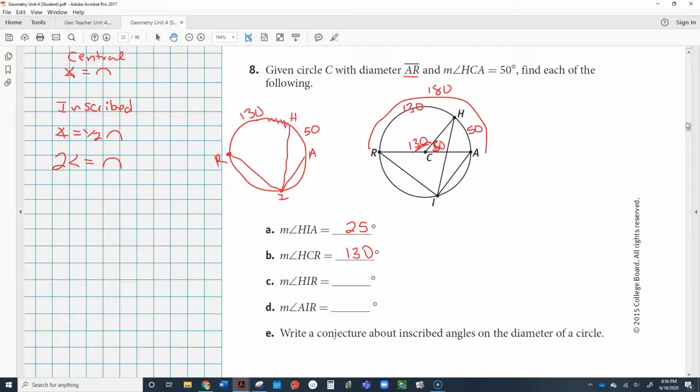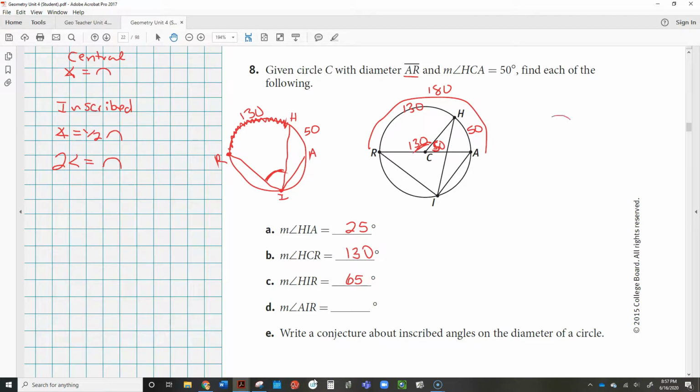So the piece of the circle, that's the intercepted arc, for this inscribed angle, the angle is equal to half the arc. So if you take the arc, multiply it times a half, you'll get the angle measure. So HIR is half of 130. And I believe, if my arithmetic is correct, that's 65.